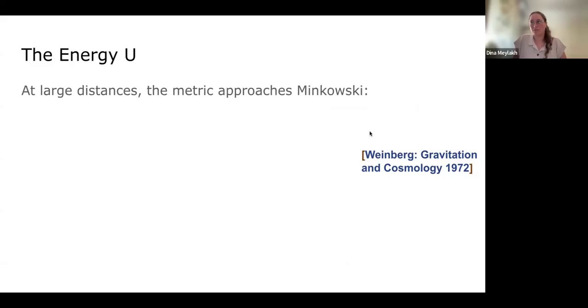You have to assume that at large distances, the metric approaches a Minkowski metric. So we parameterize our metric as just a Minkowski metric plus some addition, where only far away we need it to be small. Next to the black hole or next to the system, it can be large.